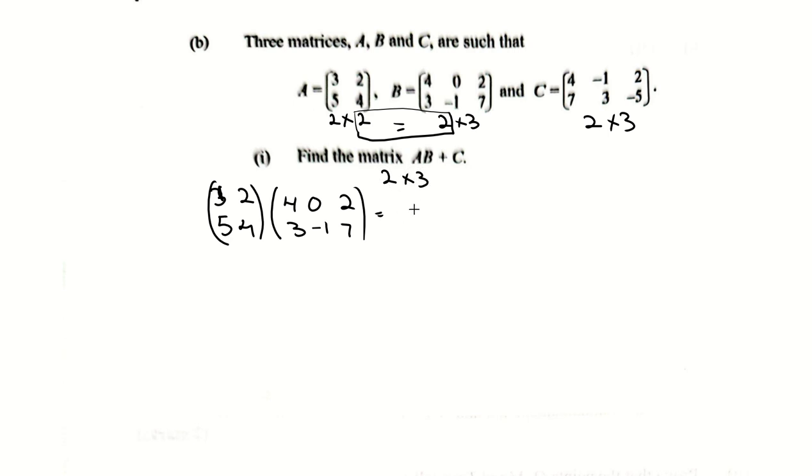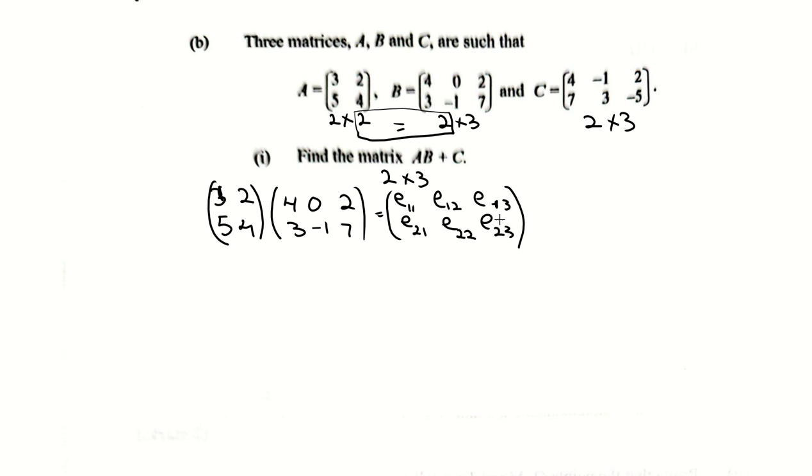So this will give you a 2 by 3, which means I have 2 rows and 3 columns. So I'm just going to put it like this. This is row 1 by column 1. This is row 1 by column 2. This is row 1 by column 3. Row 2 by column 1. This is row 2 by column 2. And this is row 2 by column 3.